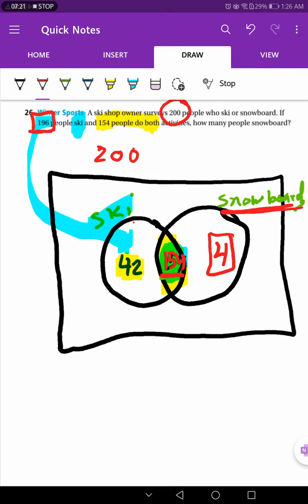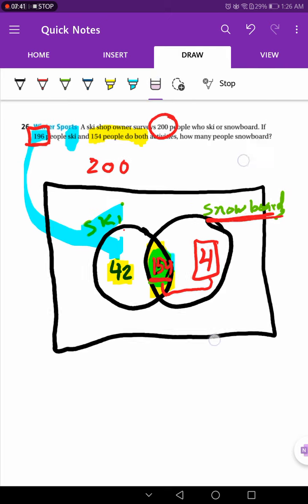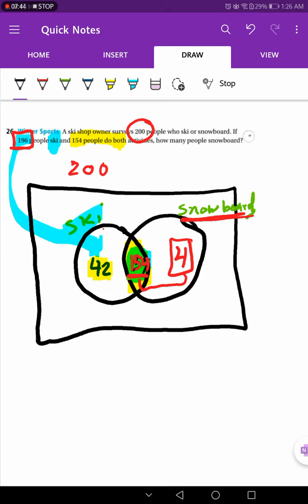This number represents the people who snowboard only. But the question asked me how many people snowboard? So I have to add 4 plus 154 equals 158. Okay, so my dear student, be careful. If he puts only here, the answer will be 4. But if you don't have only here, you have to add 4 plus 154, which equals 158. This is the first part.